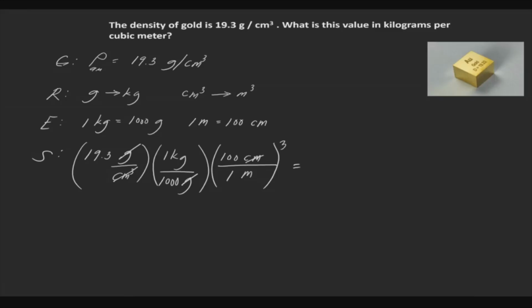Cancel out the unit centimeter cube. Cube of 100 is 1 times 10 to the power of 6. So here our answer is 1.93 times 10 to the power of 4 kilograms per meter cube. For our final answer, we have 1.93 times 10 to the power of 4 kilograms per meter cube.